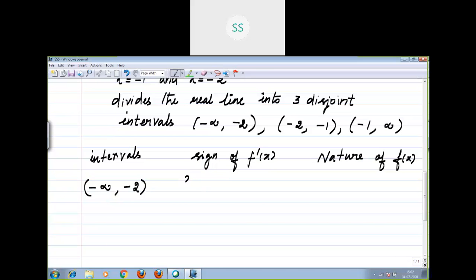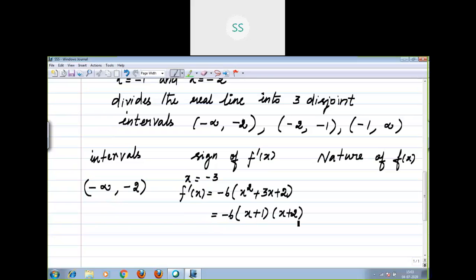So you should assign x is equal to minus 3. What is your derivative? It is easy. One more method is also there, that if you want, I will write it here. F dash of x equal to, you can take minus 6 as common, then inside the bracket you write x square plus 3x plus 2, which is equal to minus 6 into x plus 1 into x plus 2.